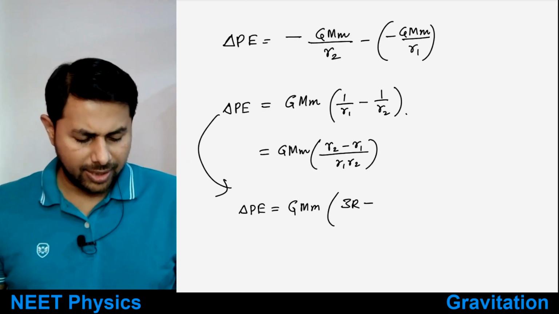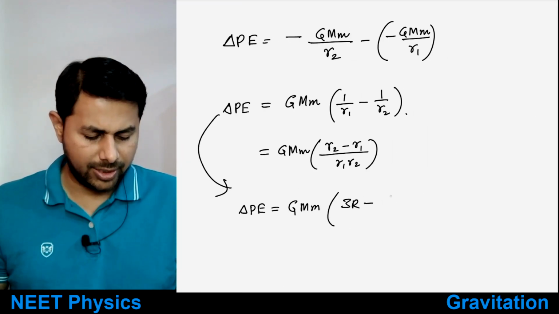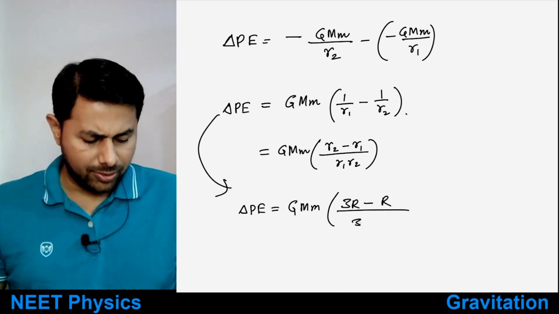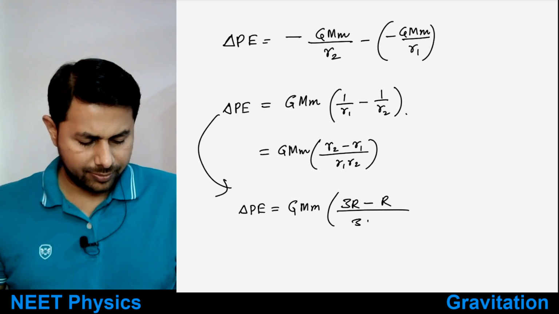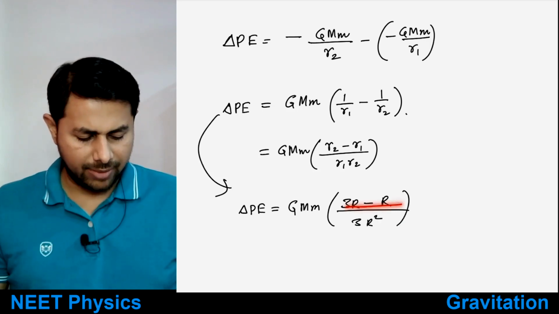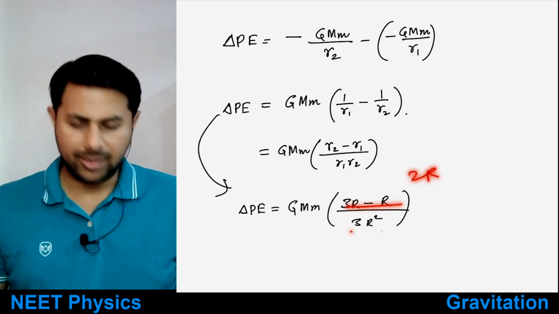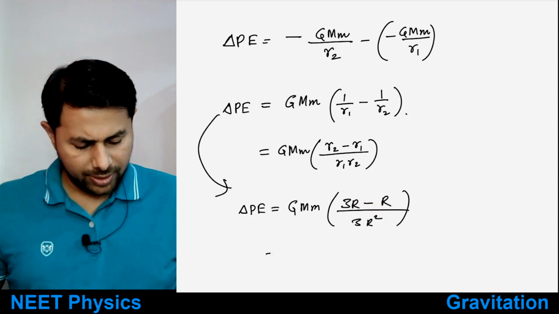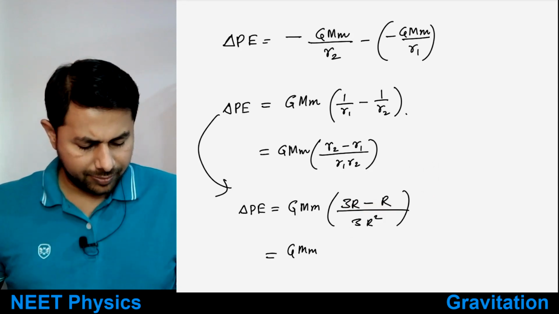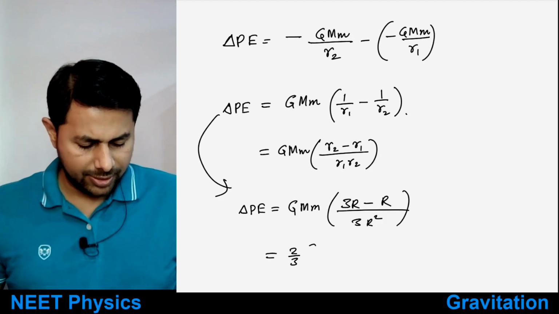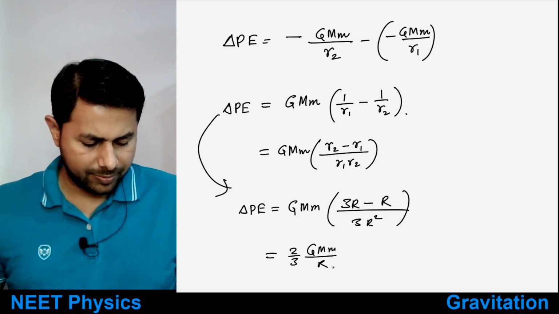So this is 3R minus R, which is R, divided by R1 R2, which would be 3R square, right? So 3R minus R is 2R, 2R divided by 3R square means it is 2 by 3R. So it is equal to GMM multiplied by 2 by 3R, 2 by 3 GMM upon R.